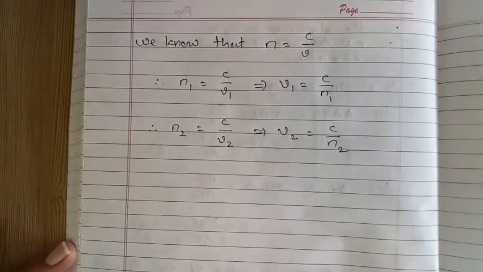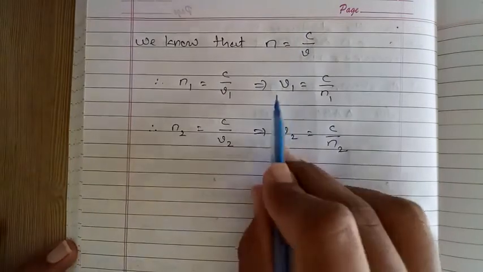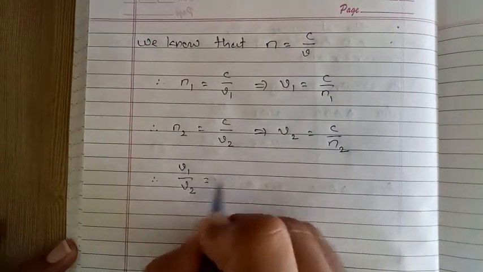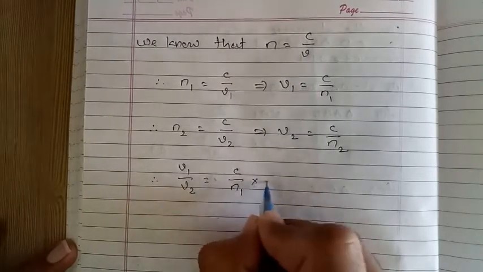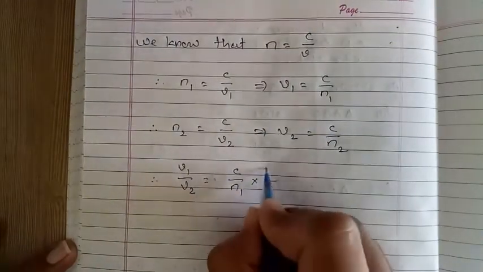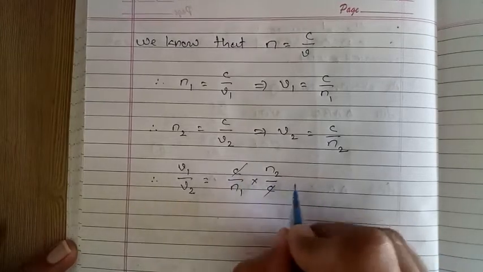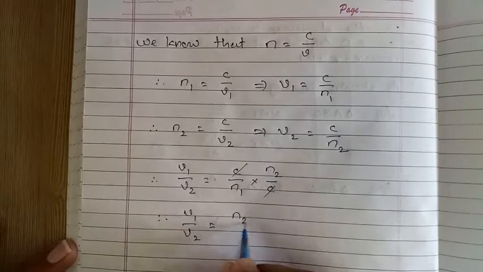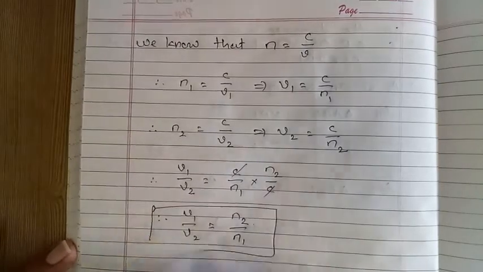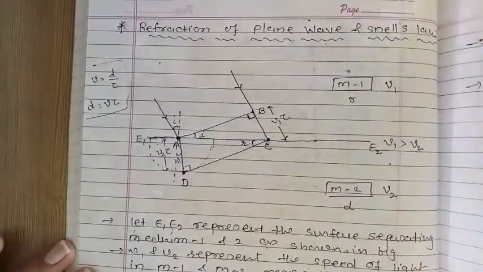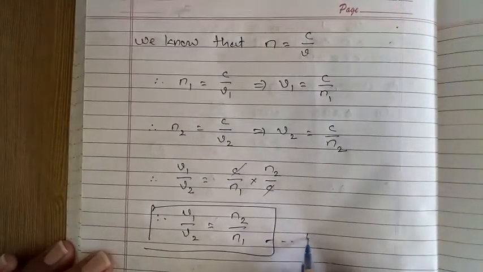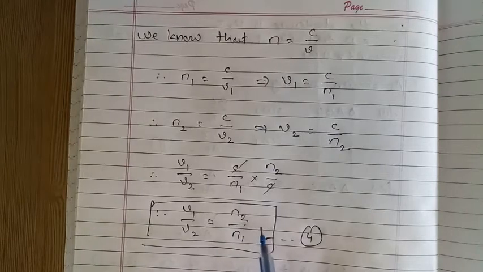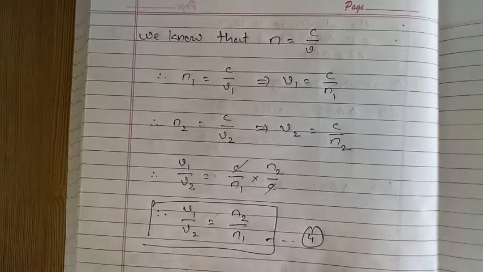Then V1 upon V2 is equal to C upon n1 divided by C upon n2. C cancels, so V1 upon V2 is equal to n2 upon n1. This is our equation number 4. You have to remember this: V1 upon V2 is equal to n2 upon n1.